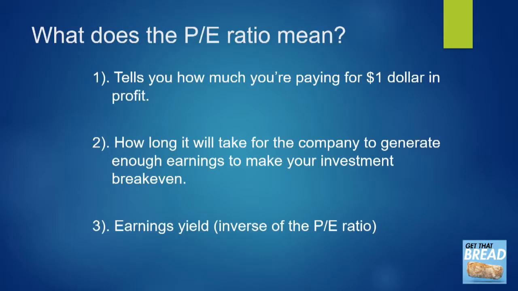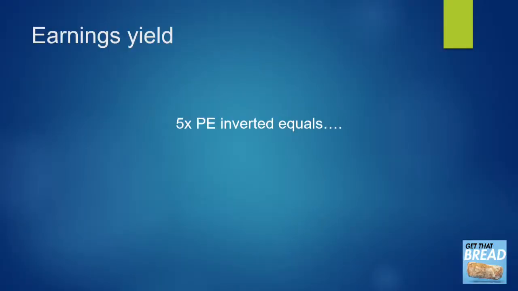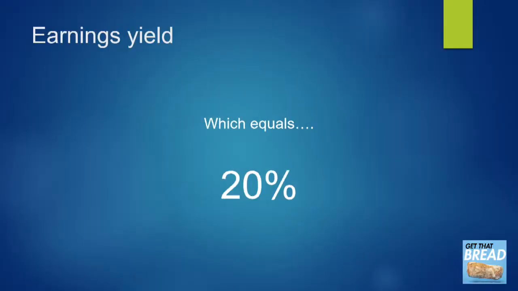Now, the final thing that you can extrapolate from the PE multiple is earnings yield. So again, revisiting the math equation, PE is price per share divided by earnings per share. Now, if you were to simply invert that, flip it upside down, it's earnings per share divided by price per share. And continuing along with the 5 times multiple, if you were to invert 5 times, you would have 1 divided by 5, that's 20%.